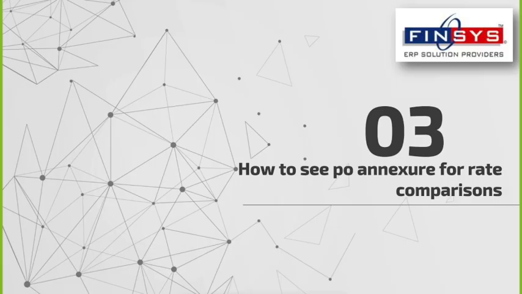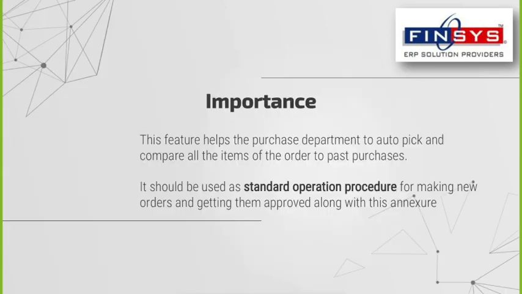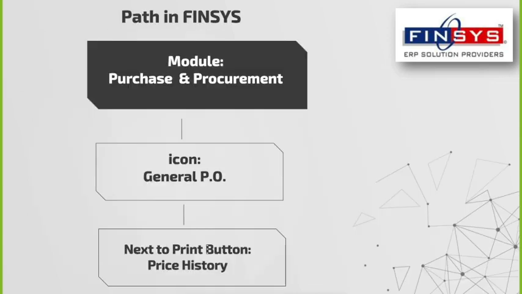So how to see a PO annexure for rate comparisons? I think this is the annexure that comes with the purchase order. Nowadays if it is online, it is seen online, and if it is a printout, it is stapled together and given to the MD, saying sir, this is the PO and this is its past price history. Fantastic. I would recommend all owners to make this an SOP, and before they sign a PO, they must see the price history.